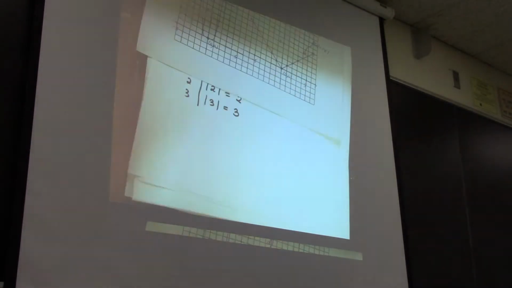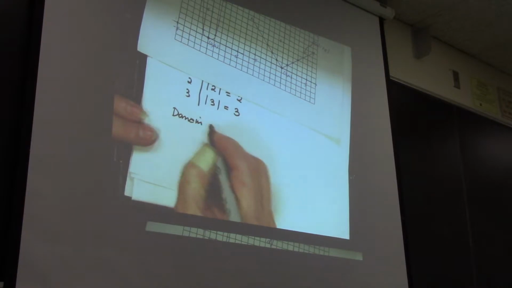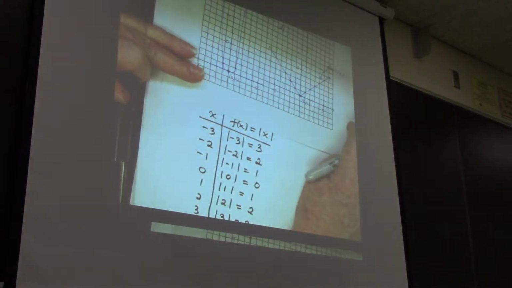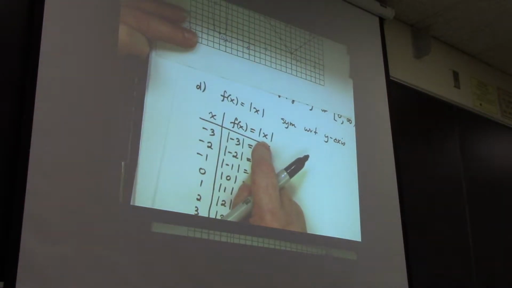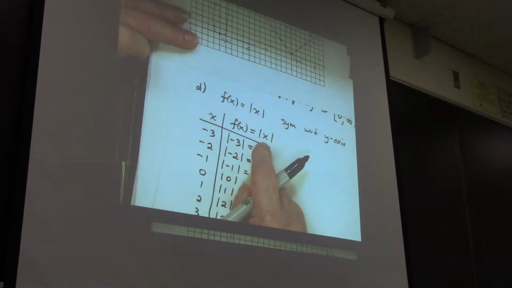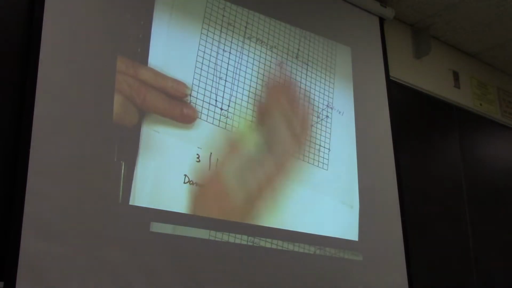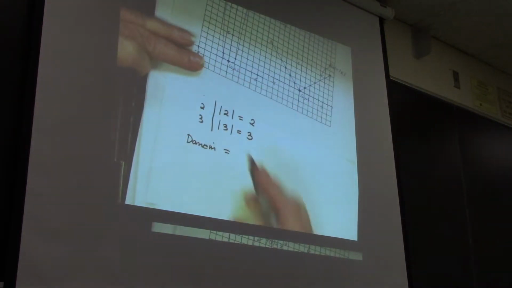Now, what's the domain of the function, either from the function itself or the graph? All real numbers, right? I can plug any number into the absolute value of x. Again, no x's in denominators, no x's under square roots. And from the graph, it is clear that the domain is all real numbers.